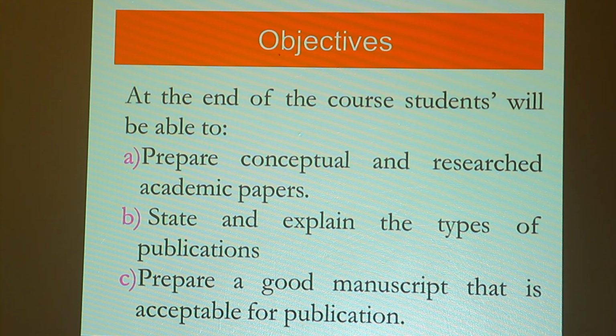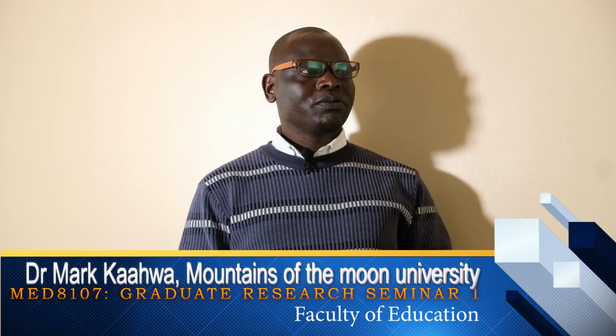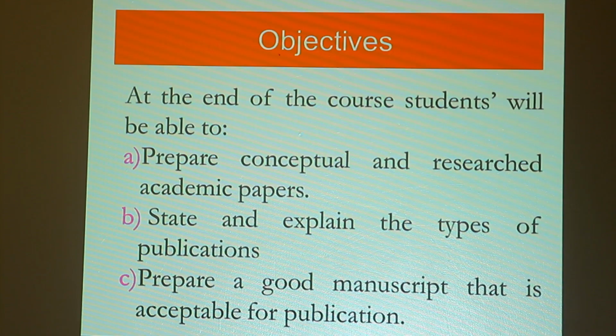Of course there we talk of a paper being acceptable for publication, because when you submit your manuscript to a journal, you always expect different responses. One of them is that your paper is acceptable for publication, but also you can receive a response that your paper is rejected.